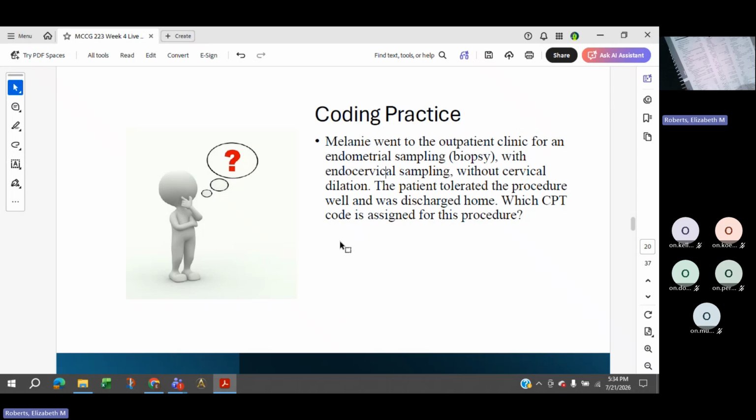Endometrium, we do. The endometrium is on page 1116, 58100 through 58110. It's a lot of codes. And then 58558. Let's see if we can find it. So let's go to 58100. Female genital.